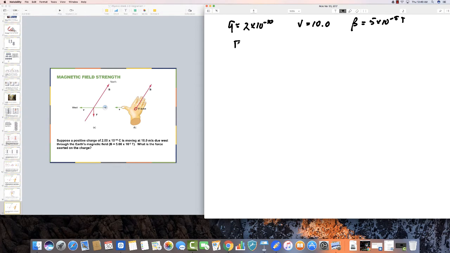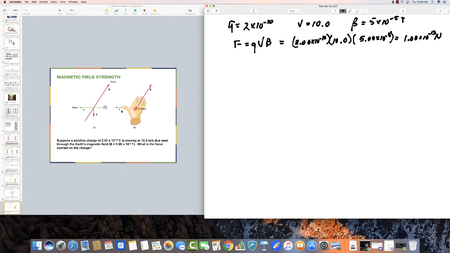And so F is equal to QVB, and since it's west and the Earth's field is north, sine theta is 1, so we do not have to include that. So this is 2.00 times 10 to the minus 10 times v, which is 10 meters per second, times b, which is 5.00 times 10 to the minus 5. All that multiplied together is going to give you 1.00 times 10 to the minus 13.